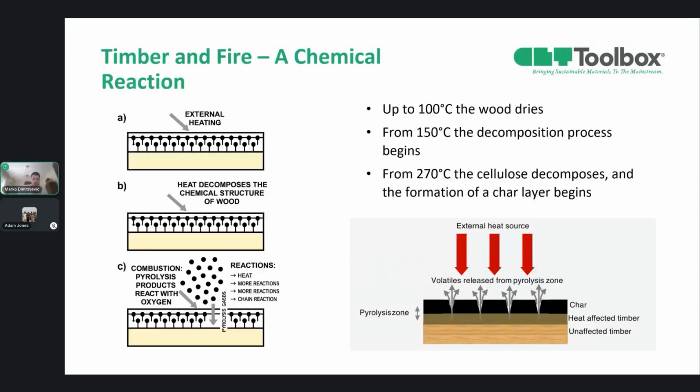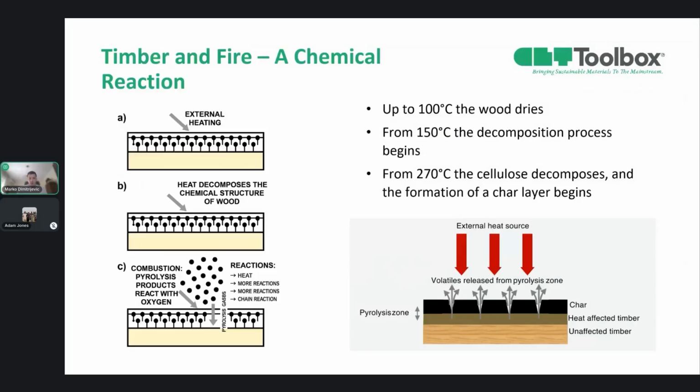The way the fire works is that if we get up to a temperature of around 100 degrees, the wood dries up, and some of the moisture leaves at that moment. From 150 to 270 degrees, and sometimes this is stated as 300 degrees, the decomposition and formation of char begins, and then the self-sustaining heat reaction occurs.